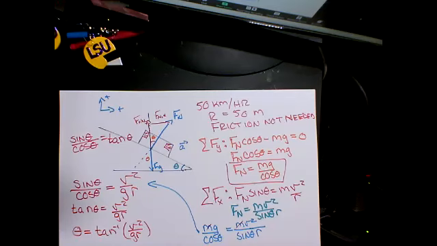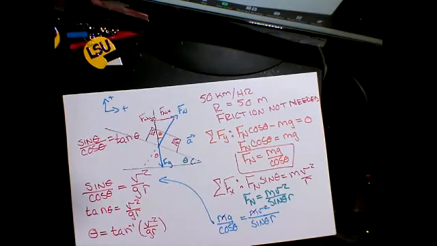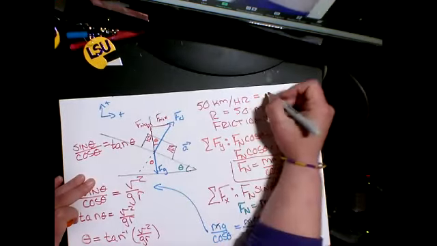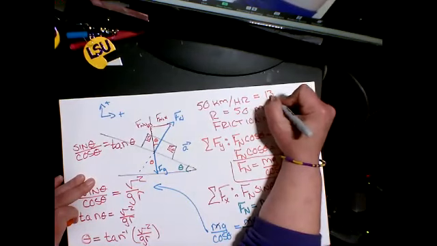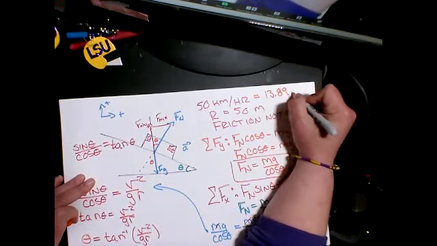Why not? So my kilometers per hour are 50, and that gives me 13.88. So this is 13.89 meters per second.